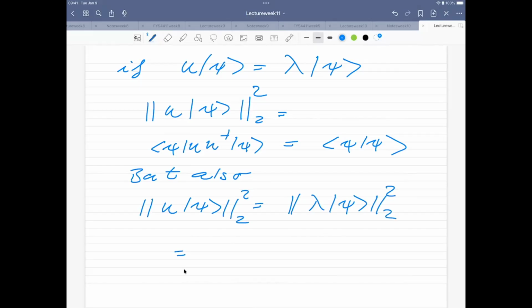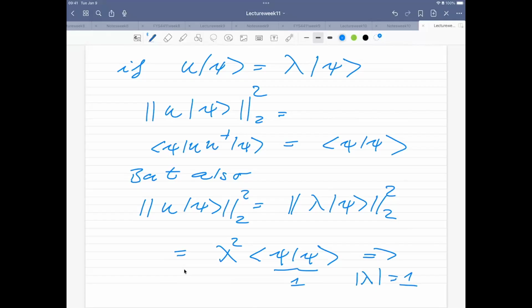And this is nothing but the eigenvalue squared times the norm of the vector psi. And that clearly leads to, since we assume that this vector is orthogonal and normalized, that this factor here has to be equal to 1. So that means simply that the absolute value of lambda has to be equal to 1, okay?